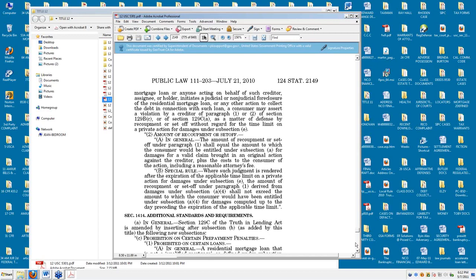Where such judgment is rendered after the expiration of the applicable time limit on a private action for damages under subsection E, the amount of recoupment or set-off under paragraph 1 derived from damages under subsection A4 shall not exceed the amount to which the consumer would have been entitled under section A4 for damages computed up to the day preceding the expiration of the applicable time limit.